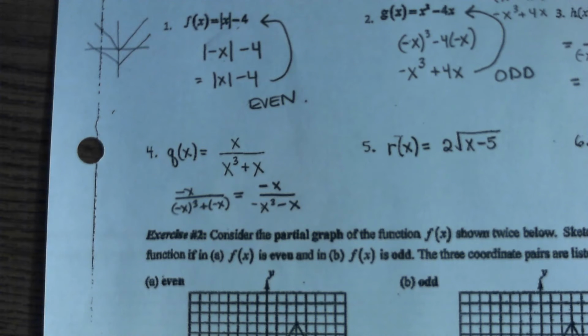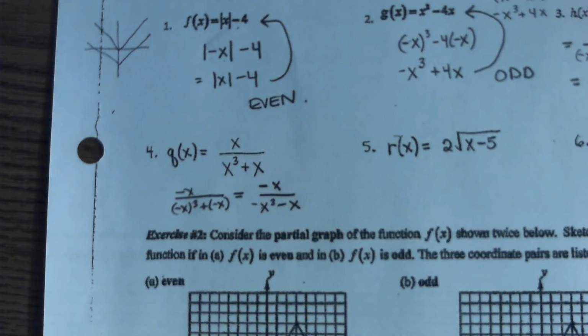We're going to take a vote. Even, hold up the number 1. Odd, hold up the number 2. Neither, hold up the number 3. Not yet. Think about it. Even will be 1. Odd will be 2. Neither will be 3. On your mark, get set, go. Ooh, we're all over the place.